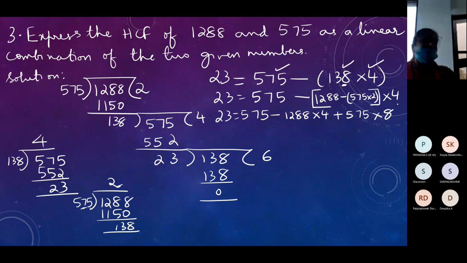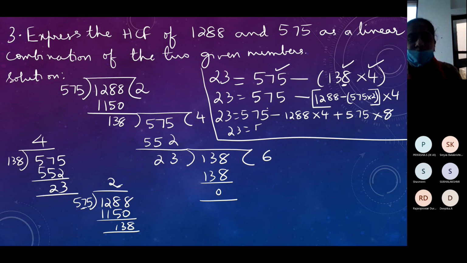I'll do it again if it's difficult. Don't get nervous. 23 is equal to 575 into 1 minus 1288 into 4 plus 575 into 8. So 575 one time and 575 eight times, so we have 575 nine times.